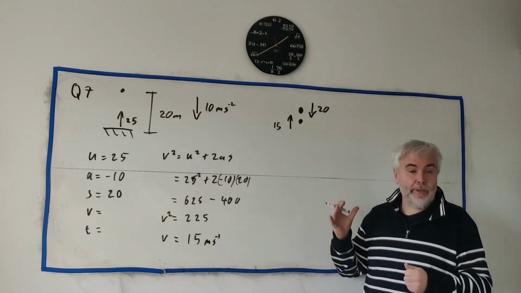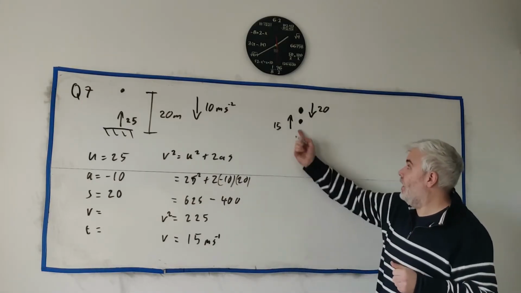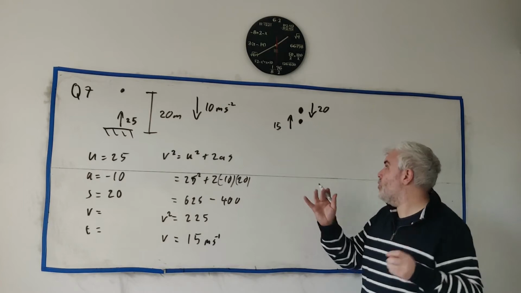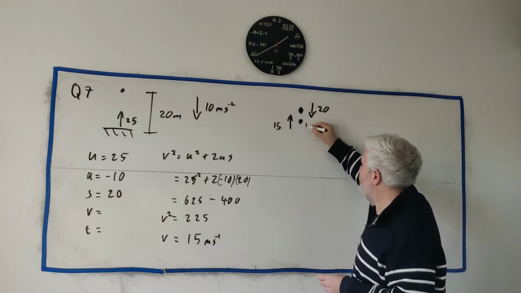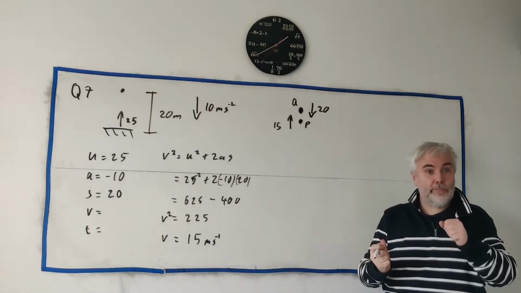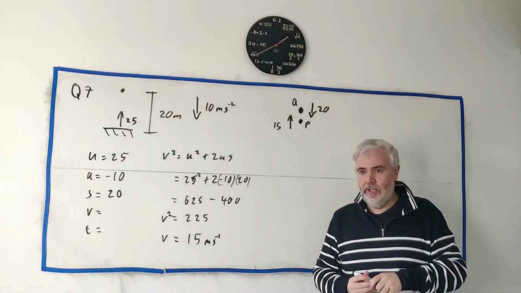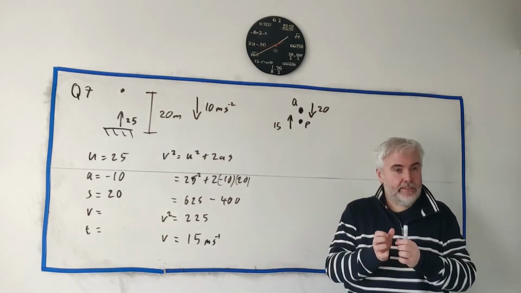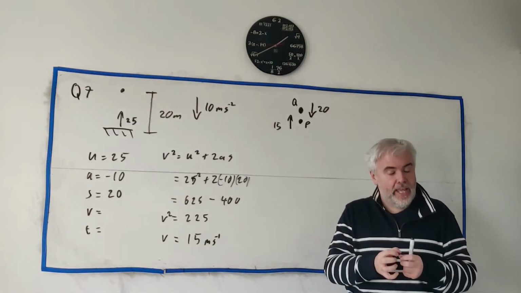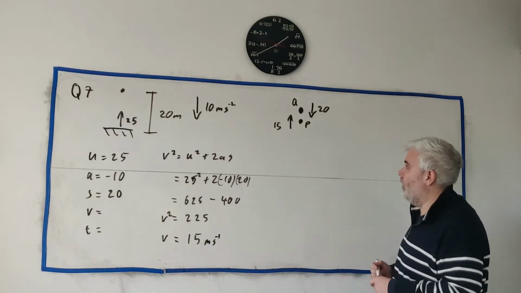This is going to be a conservation of momentum question. They tell us that P, the guy going up, let's say this is P and Q, is brought to instantaneous rest. Think of a snooker ball: it hits another ball, sometimes it stops dead and the other one continues on. That's the situation we have here.